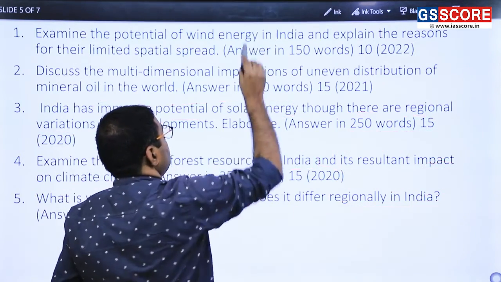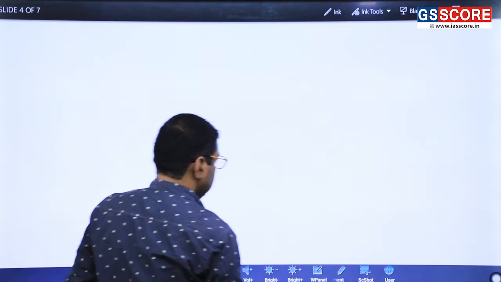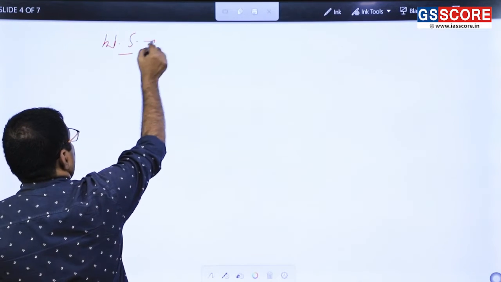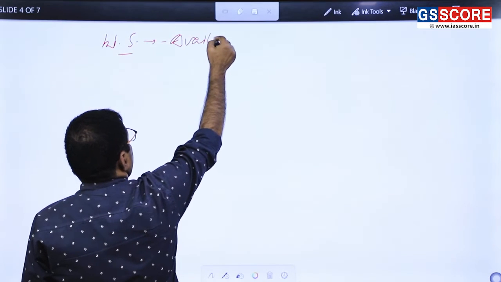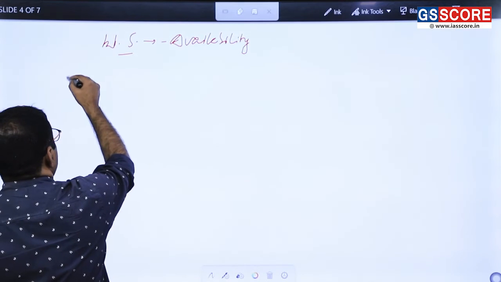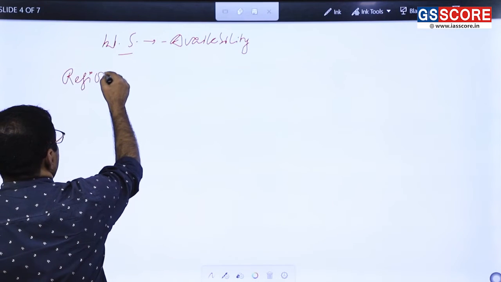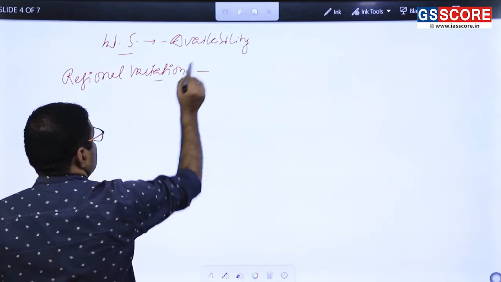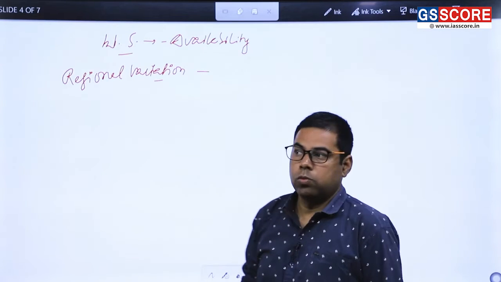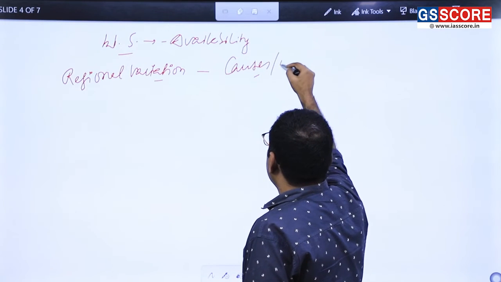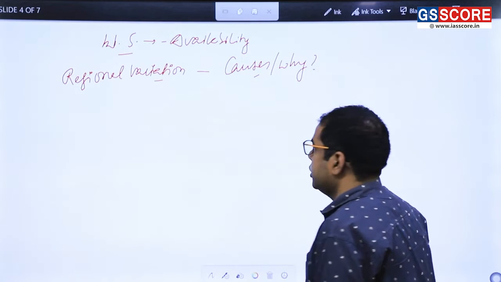So if we go into the detailing of this answer, you can explain water stress on the basis of availability, right? Then regional variation on the basis of the causes. Why is there regional variation?